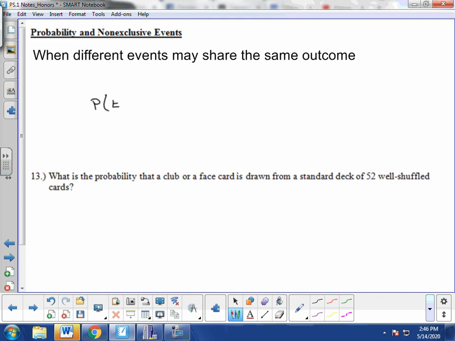So if I want to find the probability that it's a sophomore or it's a junior, and we've seen this symbol before. Remember, that symbol is basically the word or. I can find this by taking the probability that it is event 1, a sophomore, adding that to the probability that it is event 2, a junior, and subtracting the probability of event 1 and event 2.